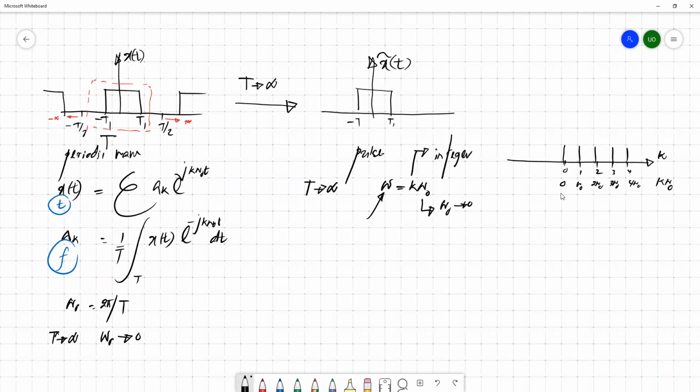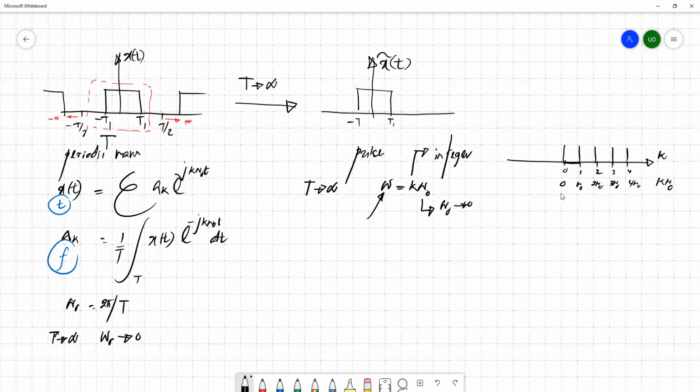But once we let the period of the signal be infinity, the value of omega naught becomes smaller and smaller. For the time being, assume this is omega naught. So this distance represents omega naught.